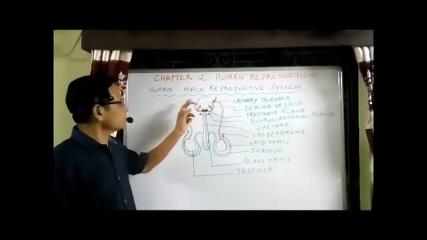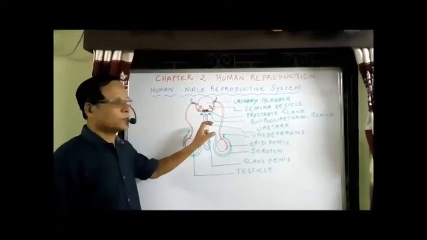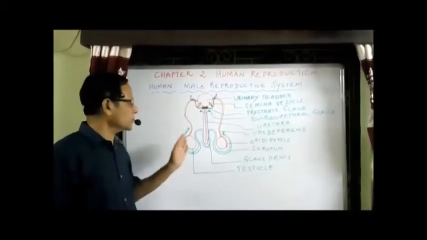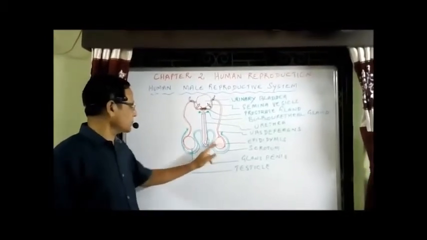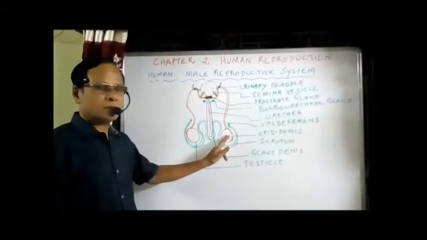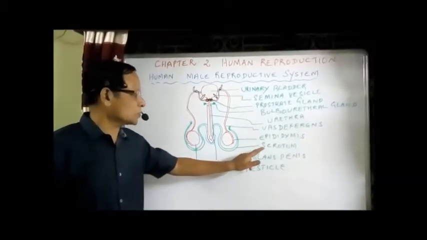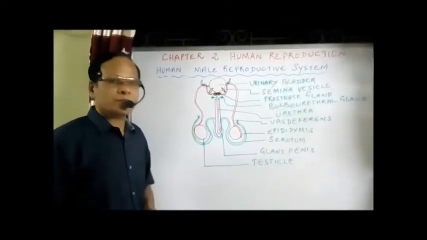Now the male reproductive system is represented by means of a simple diagram, along with the associated glands and ducts. It consists of a pair of testes placed in a sac of skin called the scrotum.